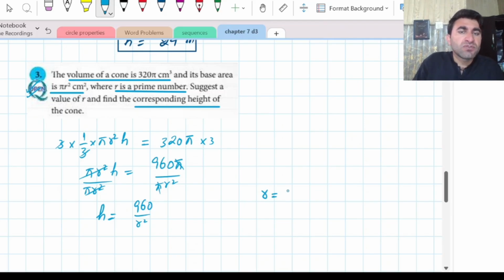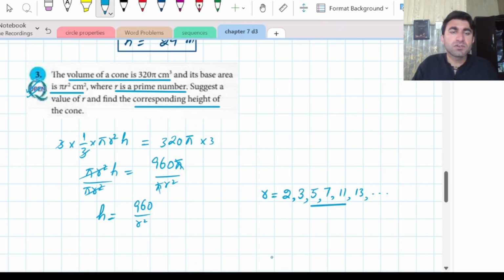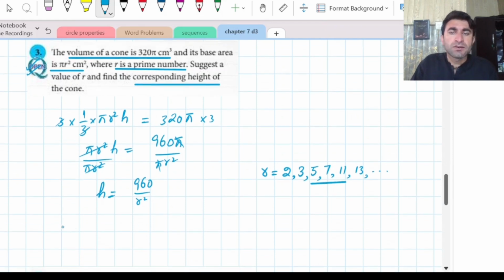So I will take any value of r, because prime numbers are 2, 3, 5, 7, 11, 13, and so on. I can take any value of r from these, but it will be better if we take any value of these three, 5, 7, and 11. So I'm going to start with 7.